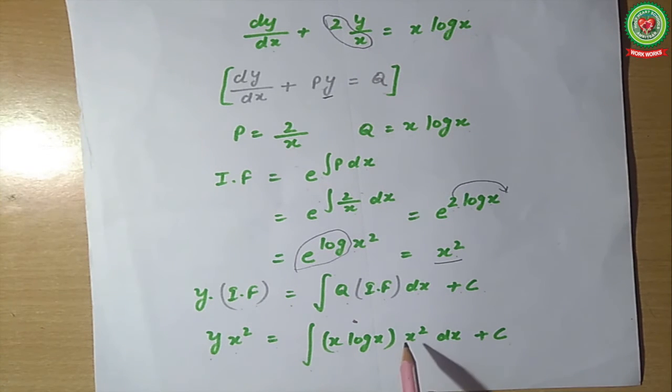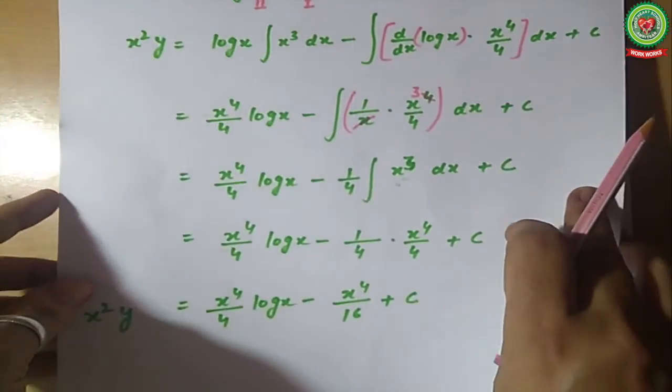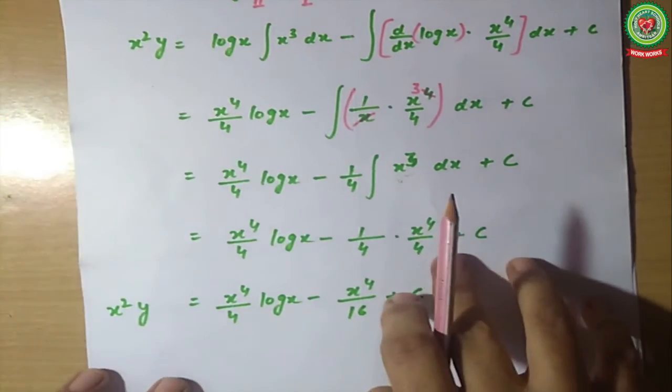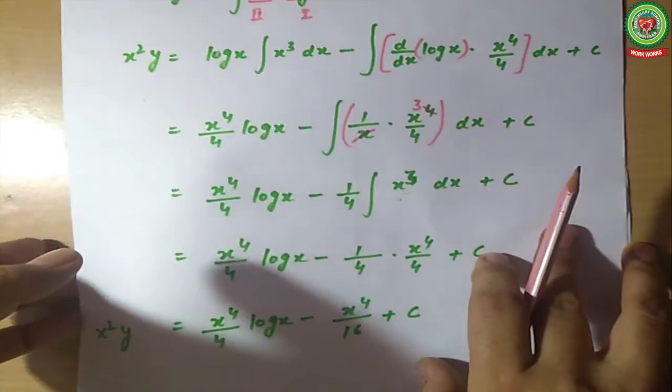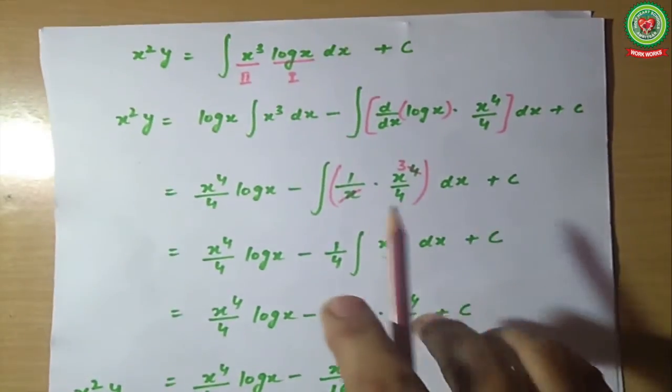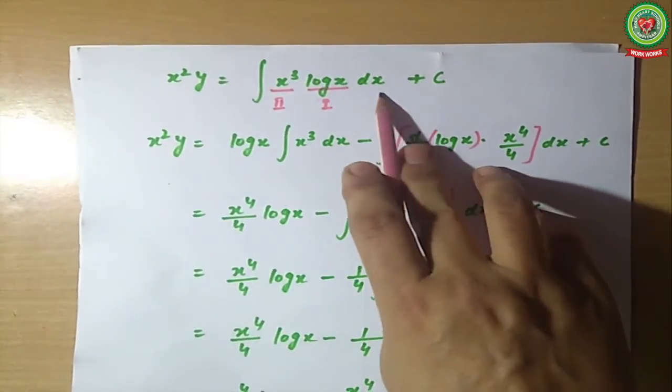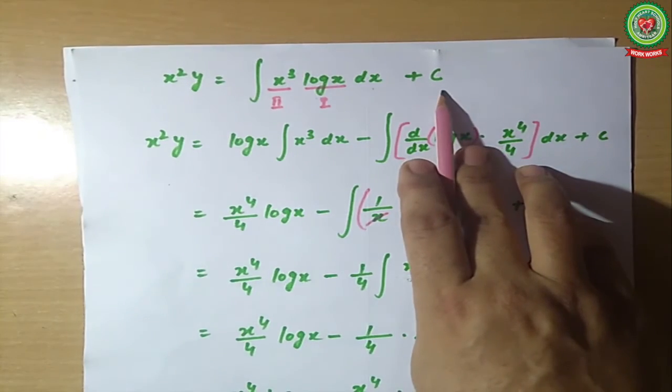Now when we multiply this value, it will be equal to x square y is equal to integrating of x cube log x with respect to x plus c.